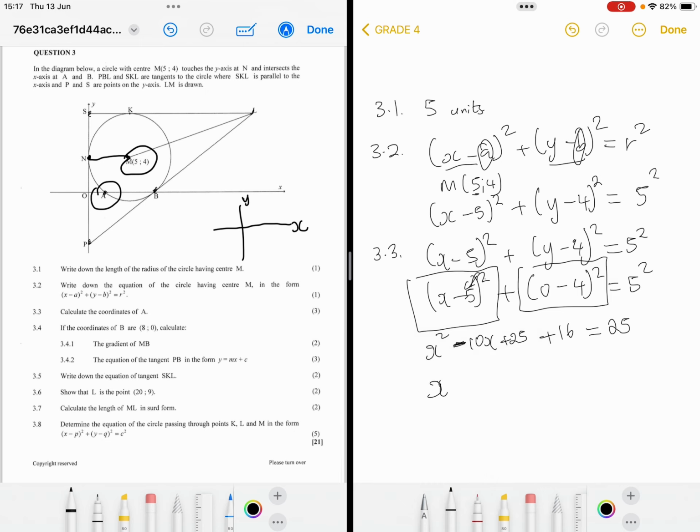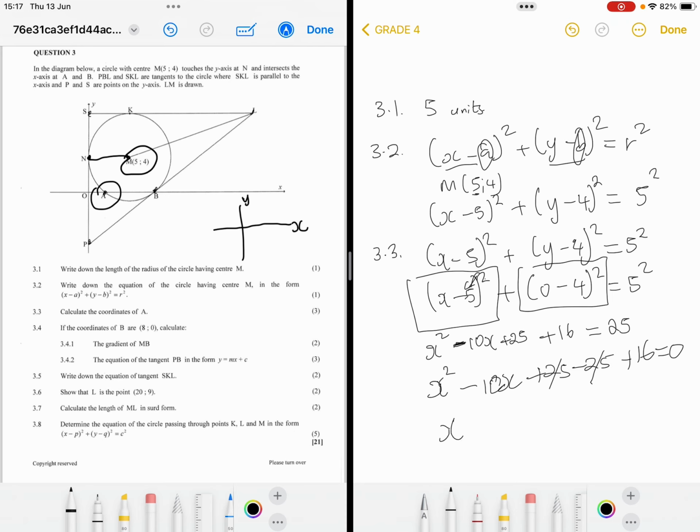Then we have x squared minus 10x plus 25 minus 25 plus 16 is equal to 0. So plus 25 minus 25, they will cancel each other.